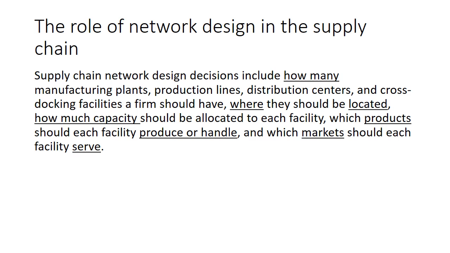It is important to make network design decisions in the context, this is very important, write it down, in the context of supply chain strategy, because they determine the supply chain configuration and set constraints within which the other supply chain drivers can be used, which we have just discussed.